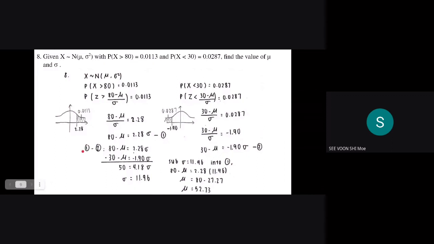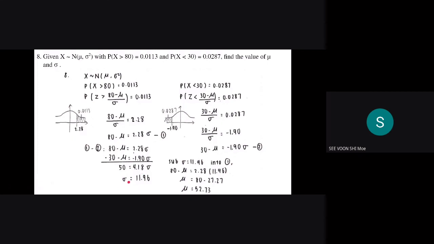So equation 1 minus equation 2, after calculating, the answer is 50 is equal to 4.18 times standard deviation.